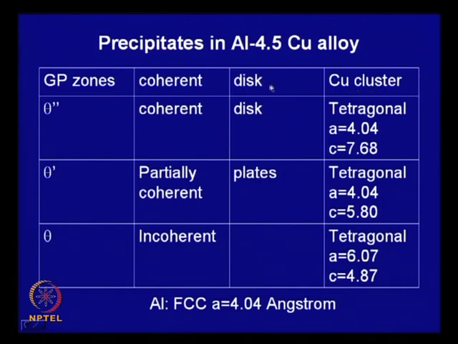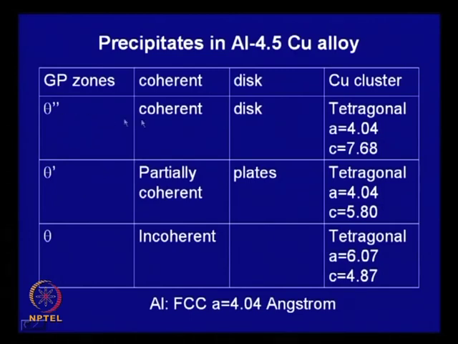Why is that? Because in one direction only the lattice parameters will be matching, in one plane only. So, if it tries to grow perpendicular to the plane, it loses coherency. Therefore, it will be restricted, and the shape will, in most cases, be disc or thin plates.